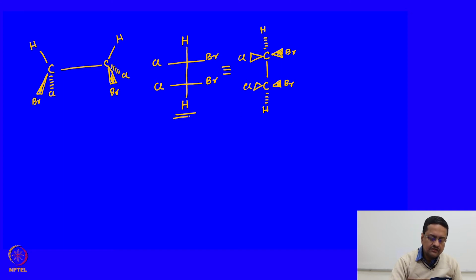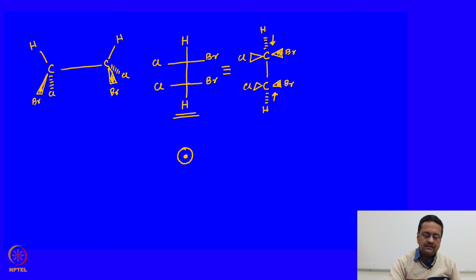Now, if you try to convert this Fischer projection to a Newman projection, we keep in mind that then we are looking at the molecule from the bottom side, that means from the side of this carbon or from the top from that carbon. So, if we try to convert this into Newman projection, we need to keep the front carbon as a dot, the back carbon as a circle.